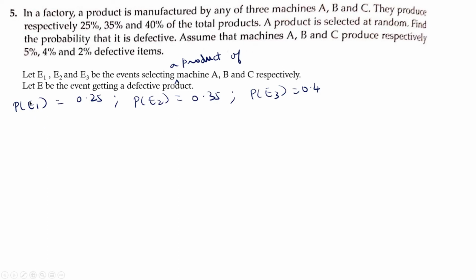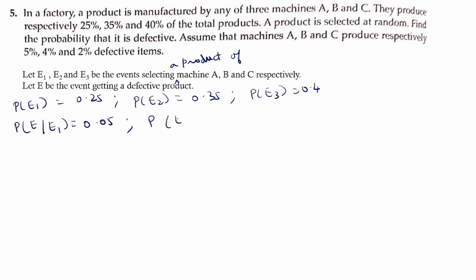And let E be the event of getting a defective product. So probability of E given E1, that is probability of getting a defective product given it is produced by machine A, is 5%, which is 0.05.